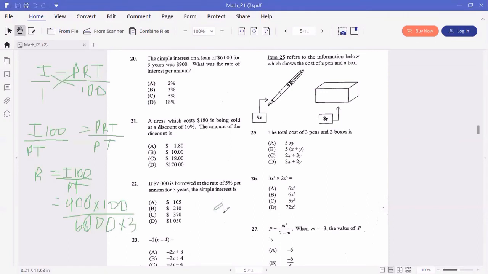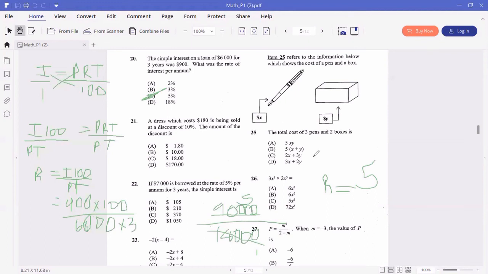So that should give me a value of 90,000 over 18,000. I can divide, and that goes 5 times, so therefore the rate per annum was 5%. So that gives me an answer of C.